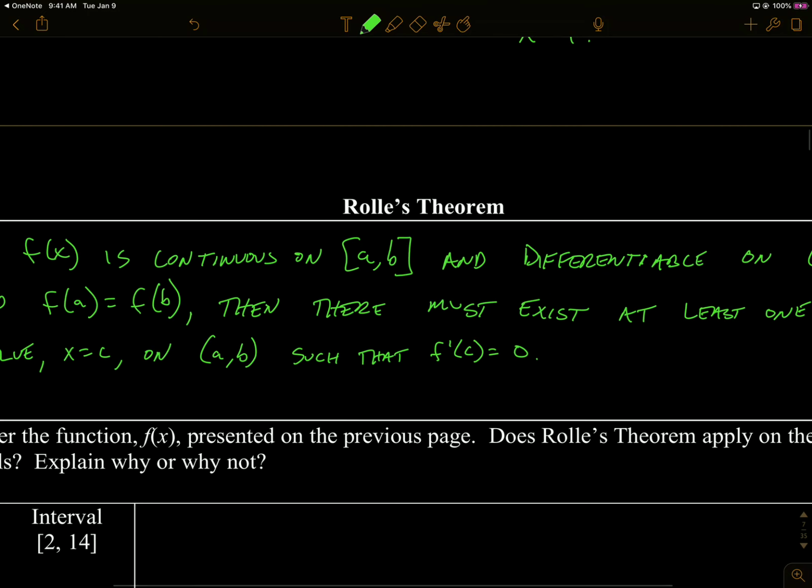Graphically, this makes sense, because what we're saying is we've got a function. Let's say there's two endpoints, and their heights, their y values, are the same. And it's got to be continuous and differentiable. So somewhere on the graph, there has to be a horizontal tangent line at least once. Here on the one I drew, it occurs 3 times.